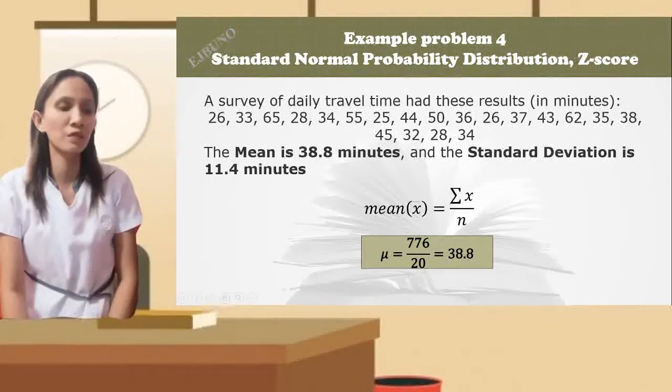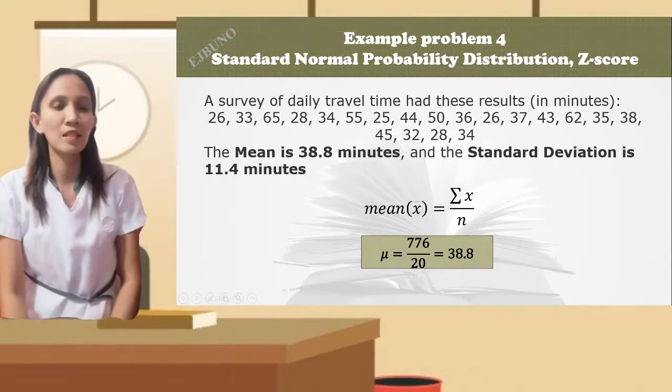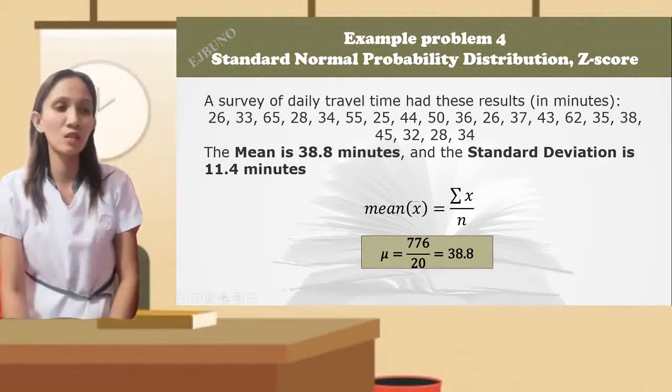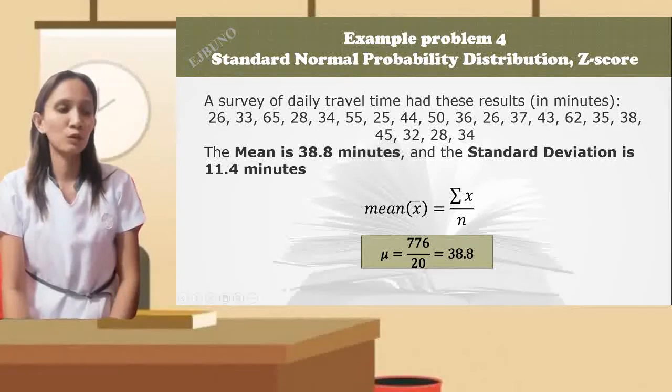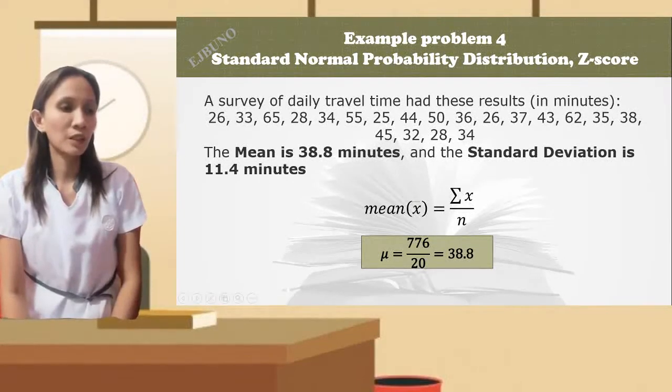A survey of daily travel time had these results in minutes: 26, 33, 65, 28, 34, 55, 25, 44, 50, 36, up to 34. We are given that the mean is 38.8 minutes and the standard deviation is 11.4.